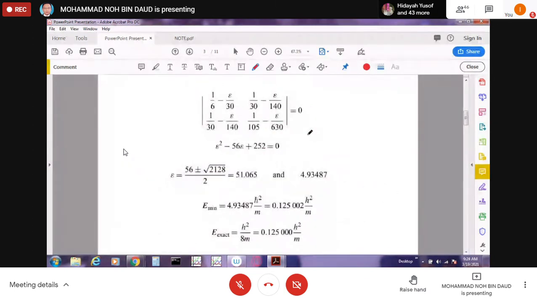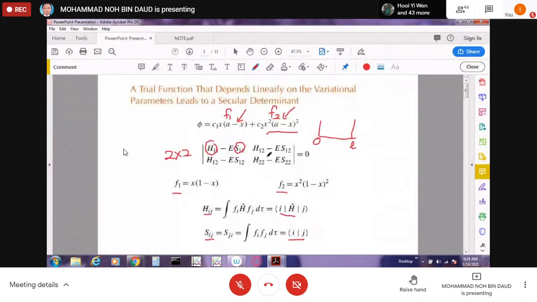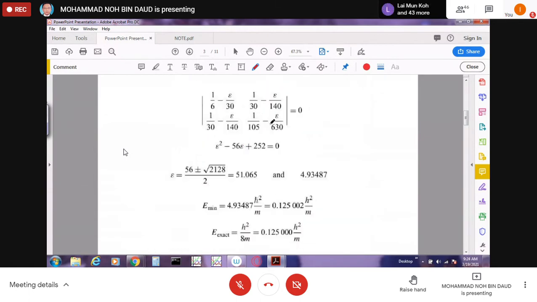Then we substitute each of these matrix elements and overlap matrix elements into this secular determinant, solving this 2 by 2.